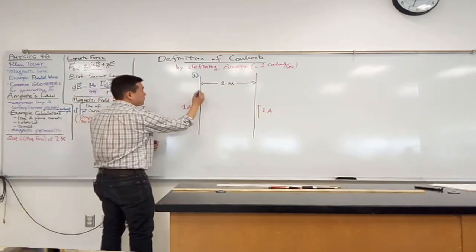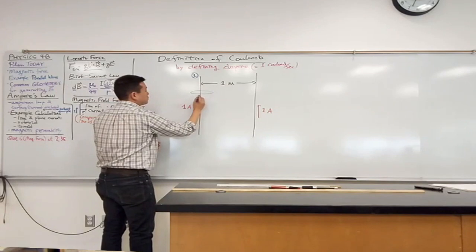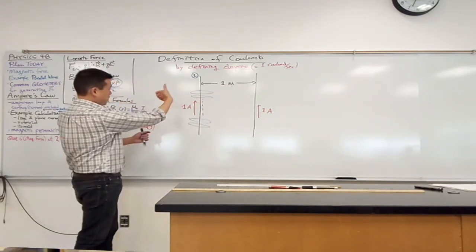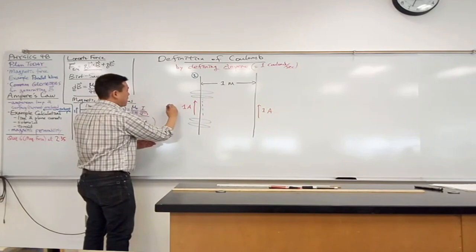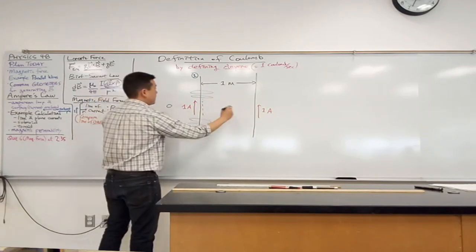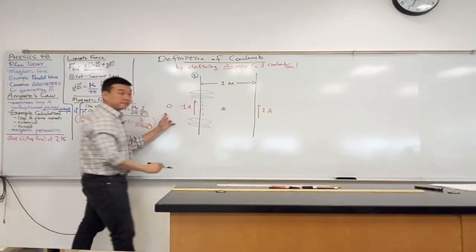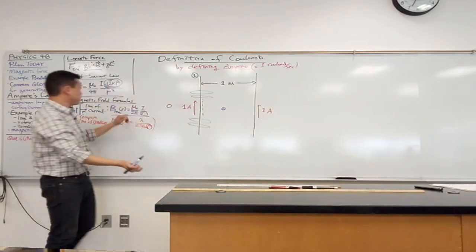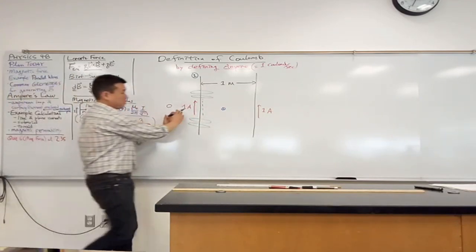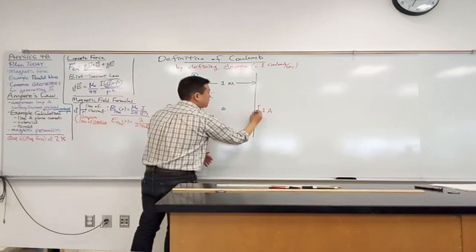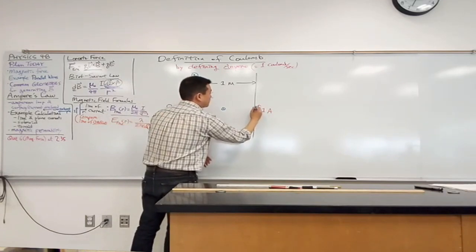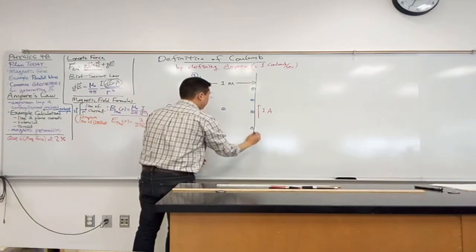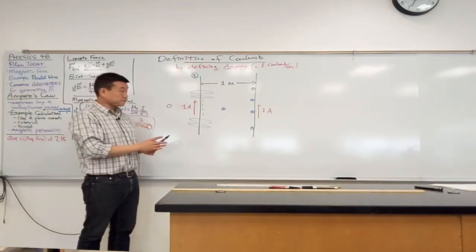If I draw it in a perspective view, it would look something like this. In a side view, on this side it's coming out of the board, on this side it's going into the board. The magnitude changes depending on distance. At the location of this wire here, there will be magnetic field going into the board due to this current.